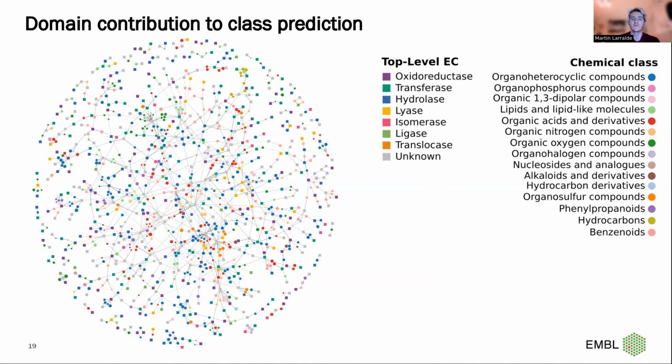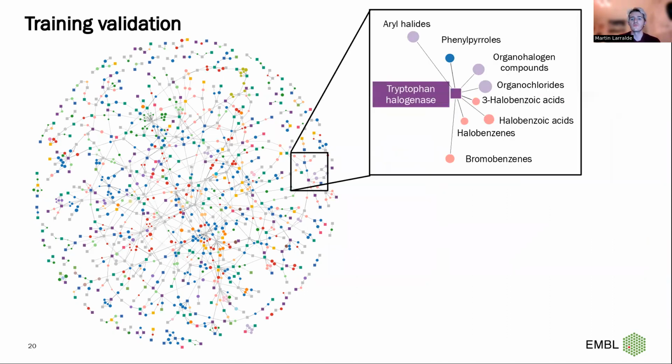What's interesting with this kind of network analysis is that you can inspect that the training has gone on properly. For instance, you can see that for certain domains like the tryptophan halogenase, CONC has learned that the presence of the tryptophan halogenase is associated with the production of a compound that is either a halobenzene or an organohalogen compound, which makes sense. So it can be used to validate what the model is learning.